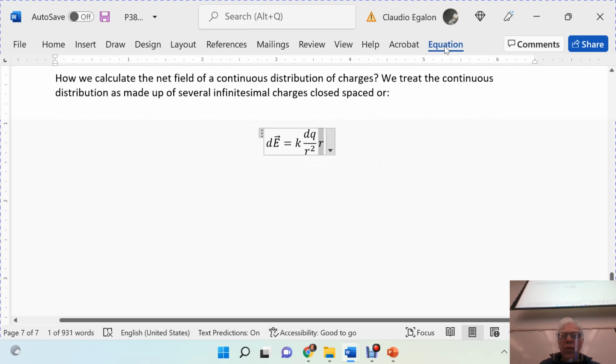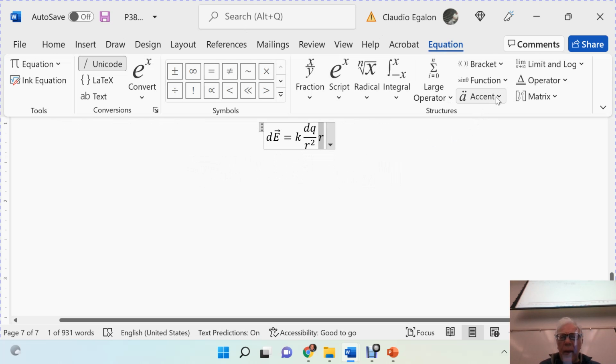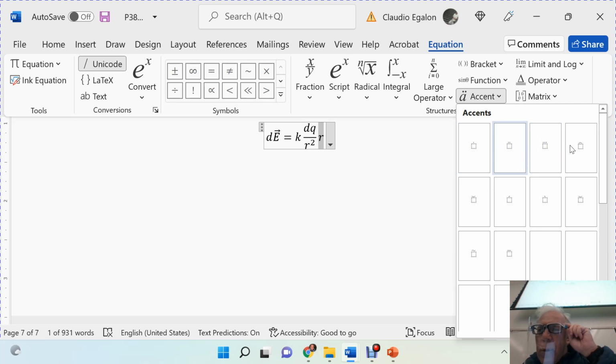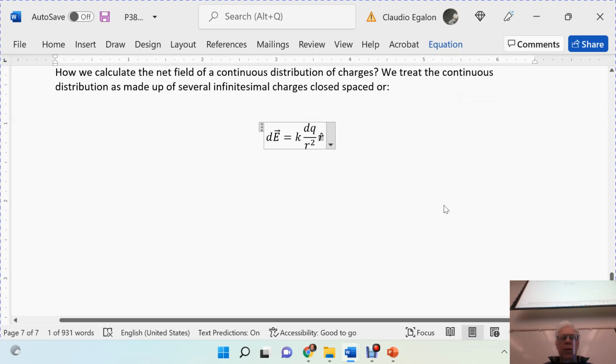The tricky part is this r hat, but I'm going to show you how to calculate those.